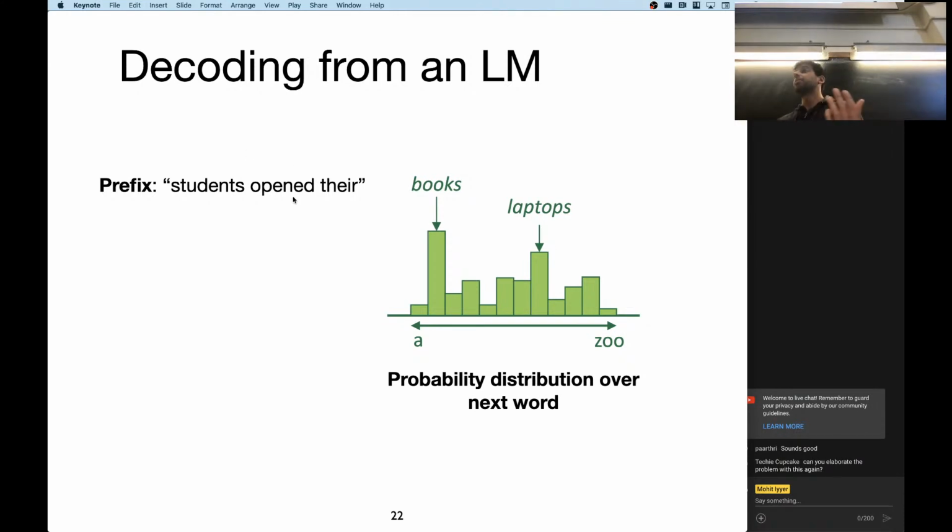This also doesn't make sense, but depending on your language model, there might be some probability on every single word. But the words that have higher probability in this context, like "books" and "laptops," you would hope to choose to actually predict next, right? So let's say we wanted to generate the next word. We have a prefix, "students open there." We have a language model that has produced this distribution of the next word, which is over the full vocabulary. What are some ways I can choose a word to predict next, given this distribution?